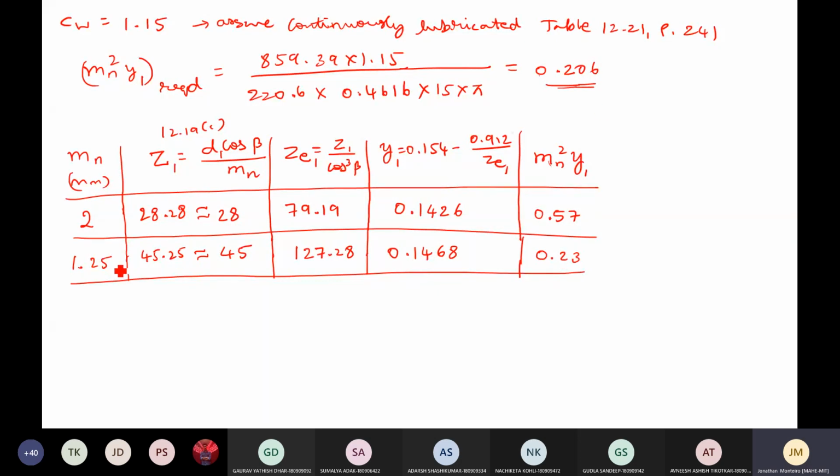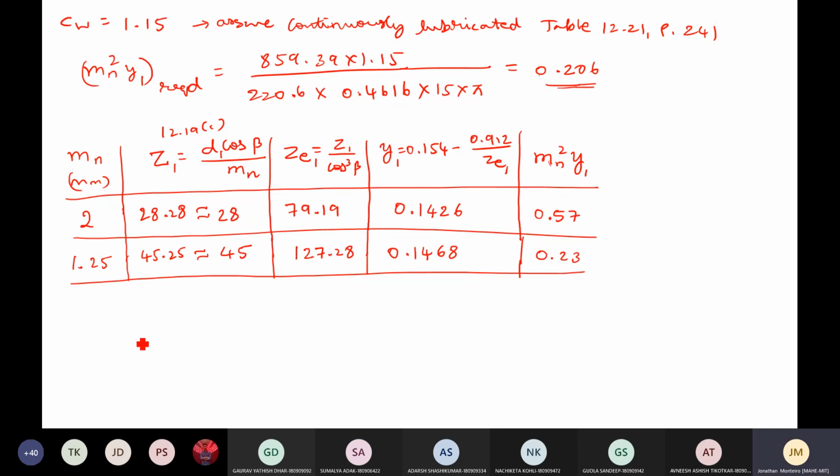And we can understand if you go less than this, definitely it is not going to reach 0.2. Just think about it. If you use the module 1, its square is 1 itself, and Y will go slightly higher, maybe 0.15 or something, which is still lesser than the required value of 0.206.